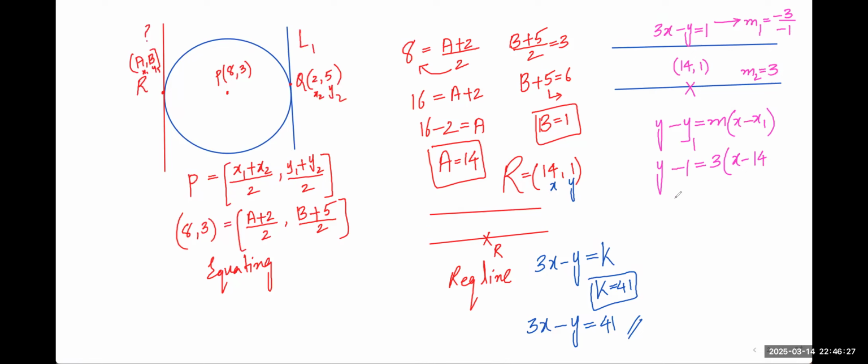Just simplify this one. y minus 1 equals 3x minus 42. Bring that to this side: y equals 3x minus 42 minus 2, minus 41.